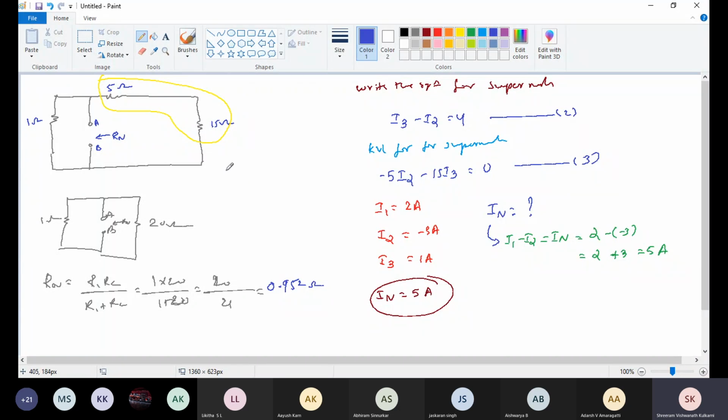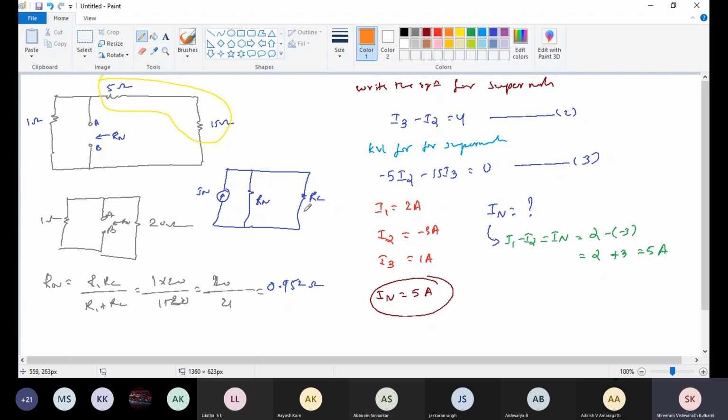This is the equivalent circuit. IN in parallel with Rn. Here load resistance RL. Tell me the load resistance. In the question, what they ask is the current through the 10 ohm resistance.